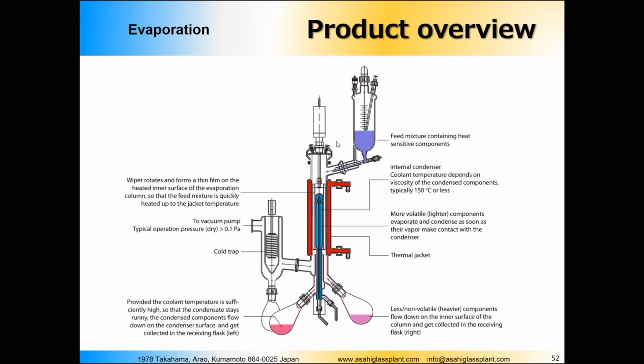The idea of SPE is very similar to the idea of TFE. So we have the feeding vessel, we have the heat exchanger, but the difference is in here. What is the difference?